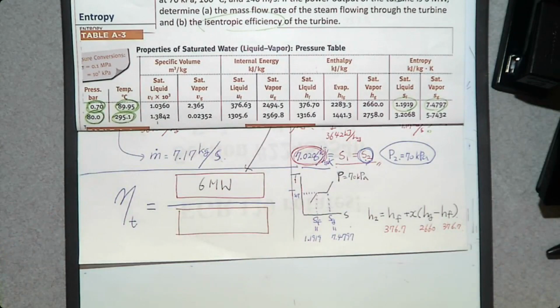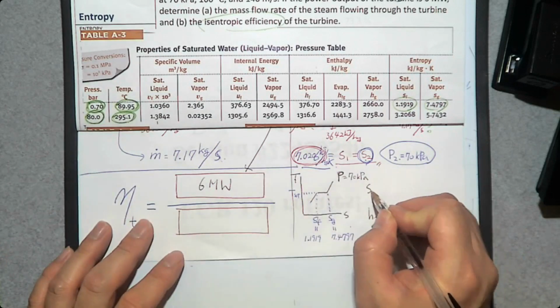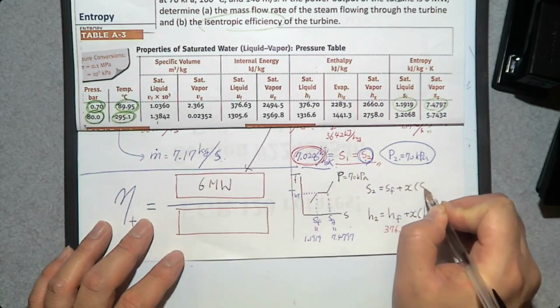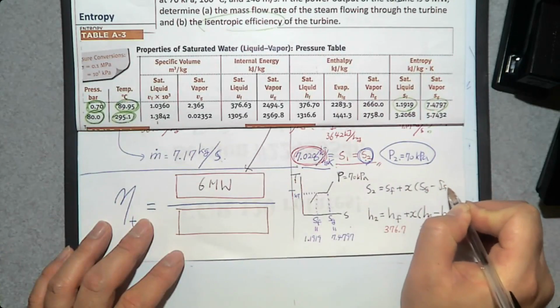But we are missing one property, quality X. And is there any way we can determine quality X? Yeah, we can use another linear interpolation, not with H. Another one, S. S2 is SF plus quality X times SG minus SF.